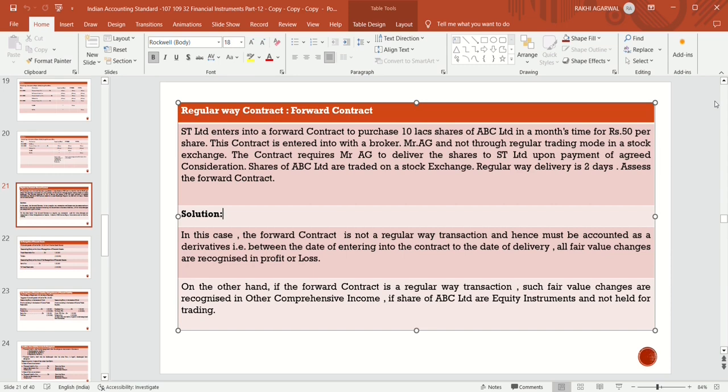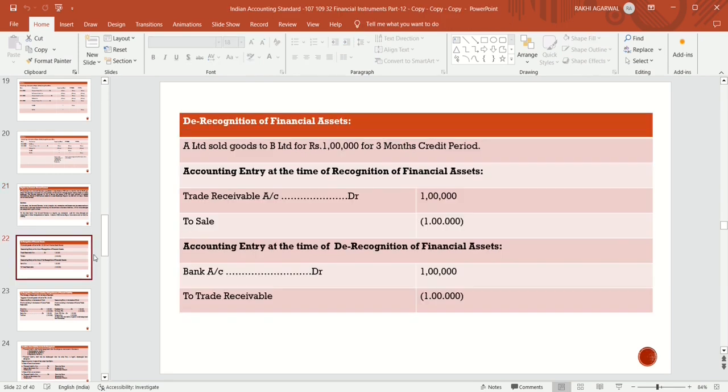If it is held for trading, then the change in fair value on that instrument is to be recognized in profit and loss. Now, de-recognition of financial assets.